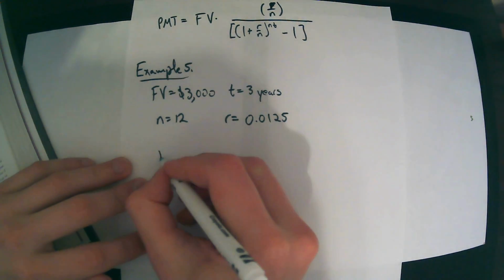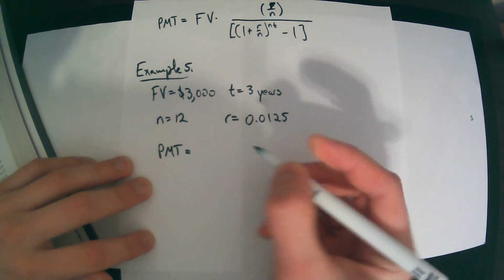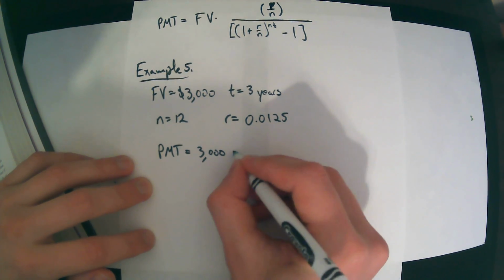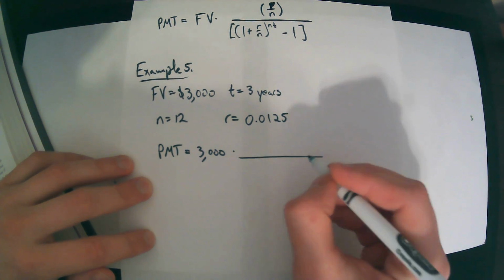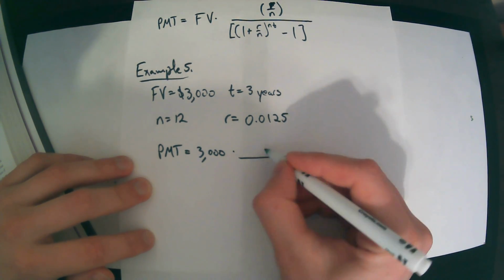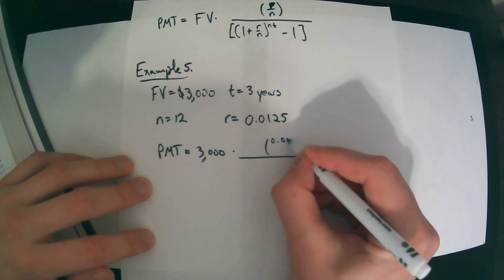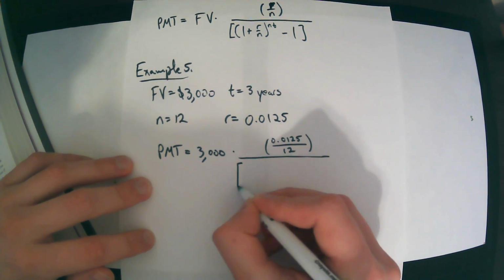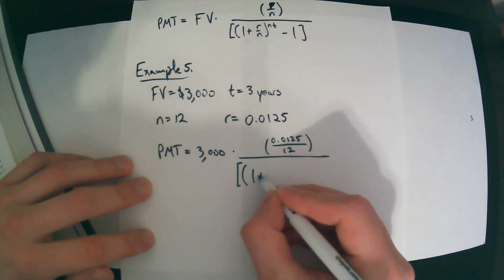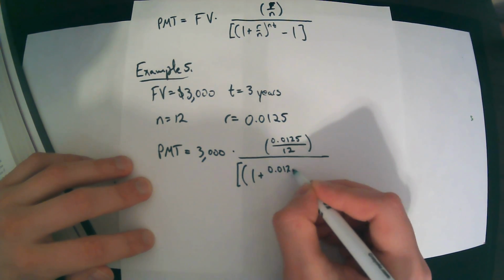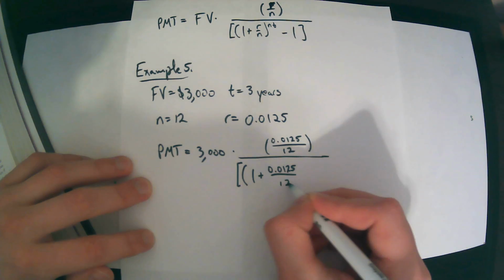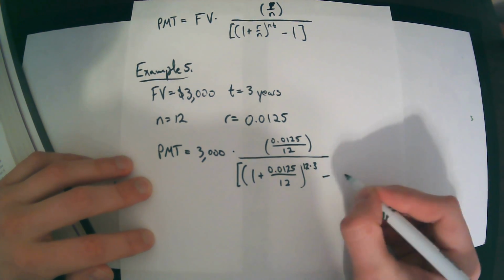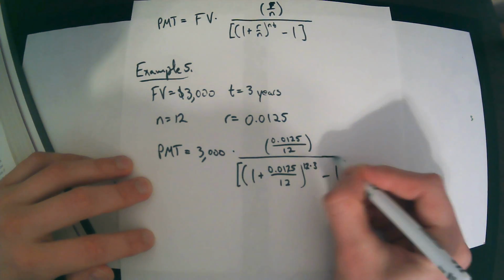So PMT, payment, is what we're looking for. It's going to be equal to future value times R over N, divided by bracket parentheses 1 plus R over N raised to the N times T, then minus 1, close bracket.